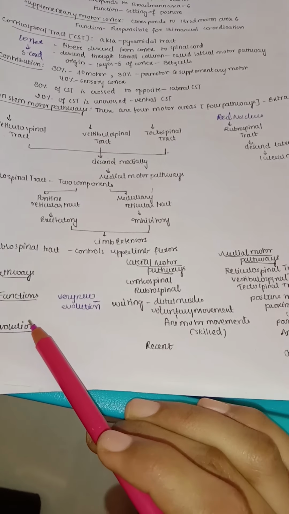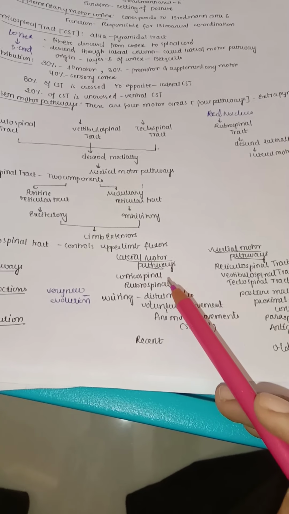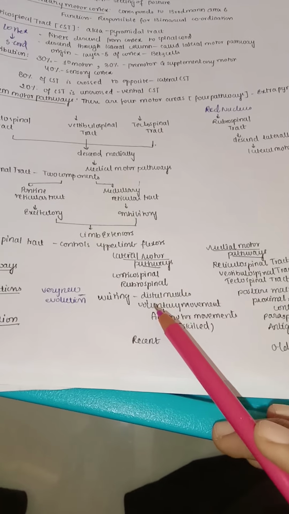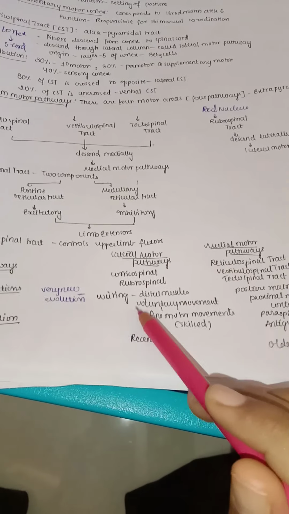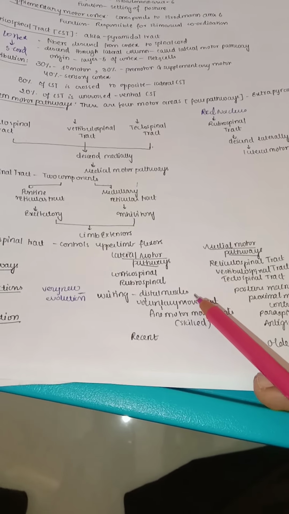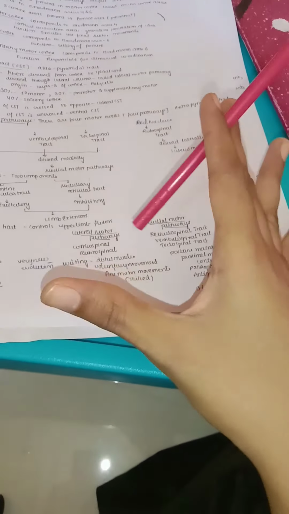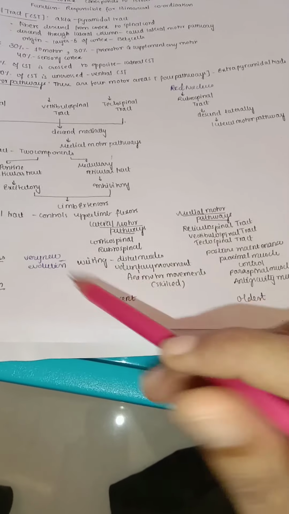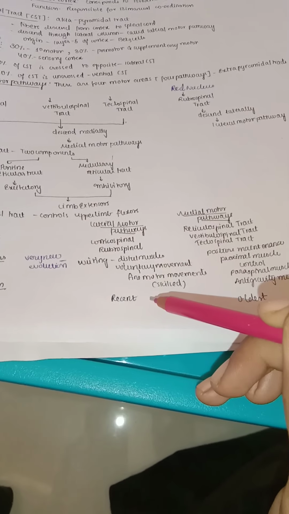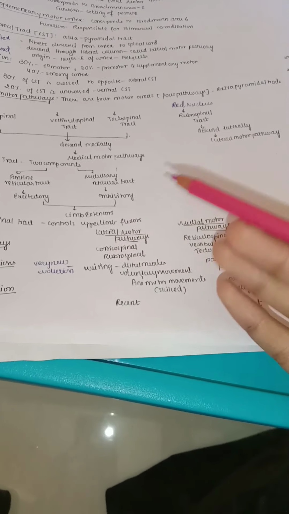Next, coming to the functions, the main function of these lateral motor pathways like corticospinal and rubrospinal is helpful in writing. We can write only because of these pathways which lead to contraction of distal muscles. Distal muscles are nothing but our finger muscles, our hand muscles. These are all the distal muscles, and they provide the voluntary movement, and that is a fine motor movement which is used for different skills.